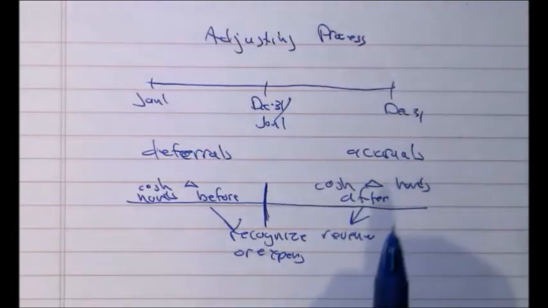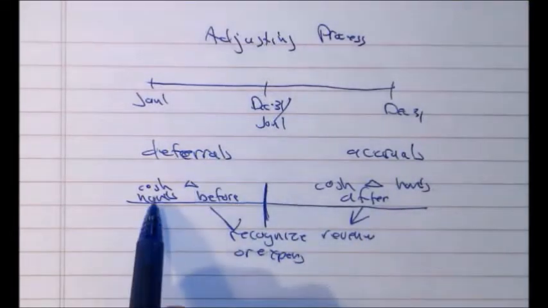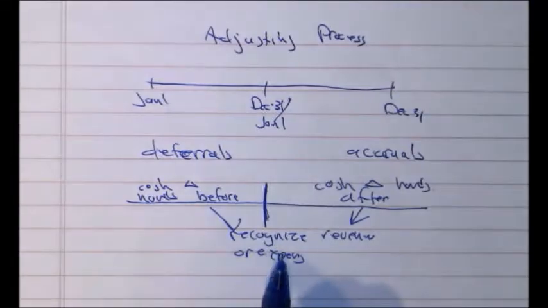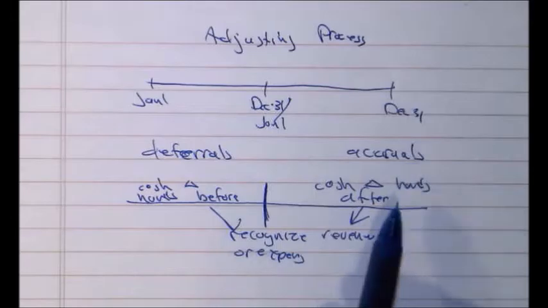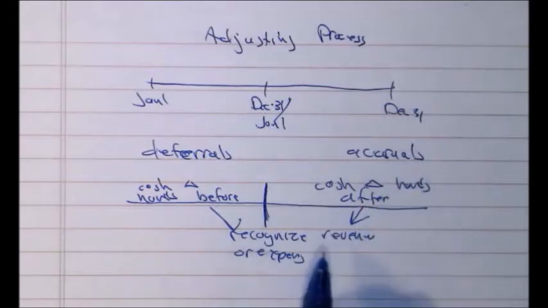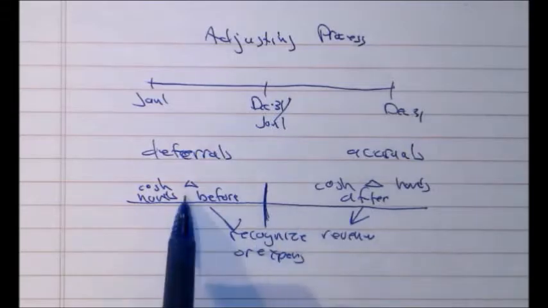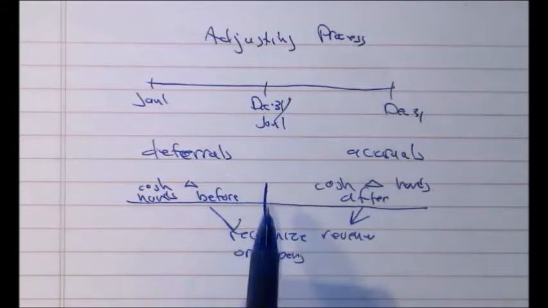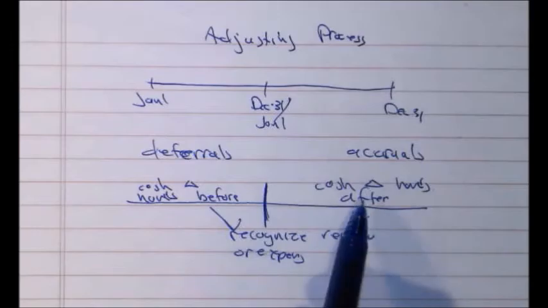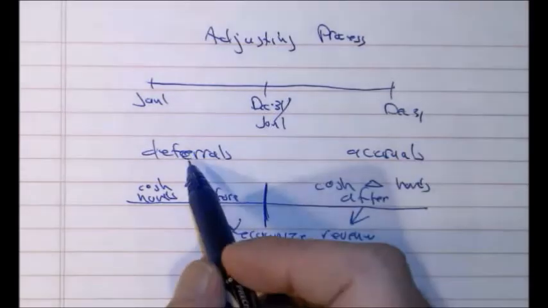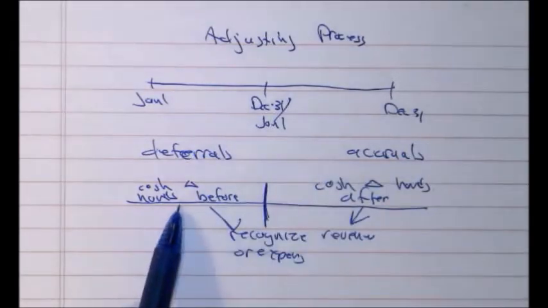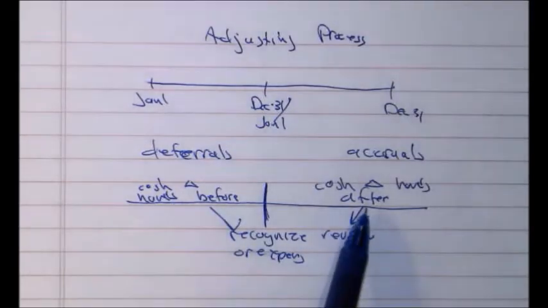With deferrals, the cash changes hands, then later down the road we recognize revenue and expense. With accruals, cash changes hands after we've recognized that revenue or expense. So deferrals are always going to be one thing that turns into another thing, and accruals are just going to be us bringing something in.